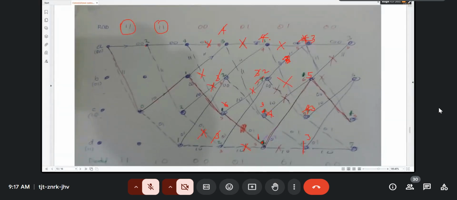Then let's look at this one from here. The metric is 1. This is 0, 1. This is 0, 1. So the metric here is 1. And this one, we had gotten 3.